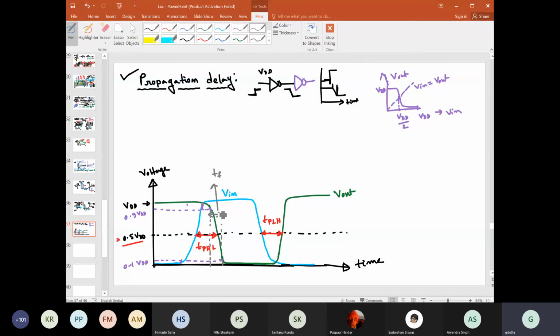Similarly, if you take the other one from the output side, where the output is changing from this point to this point, we say it is the rise time. So you understood this rise time and fall time for this signal.